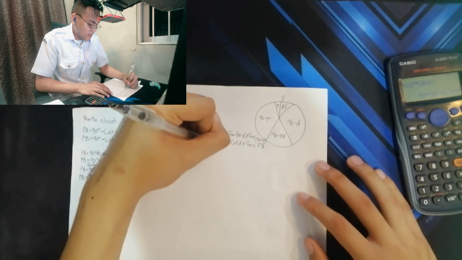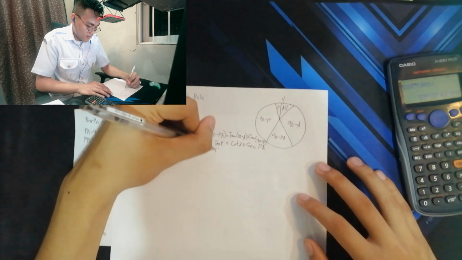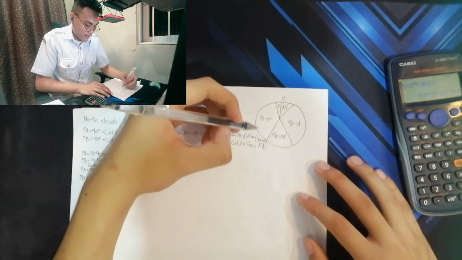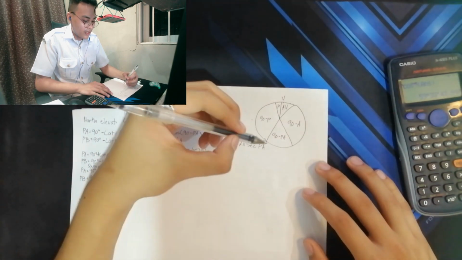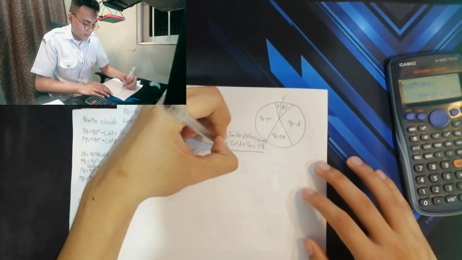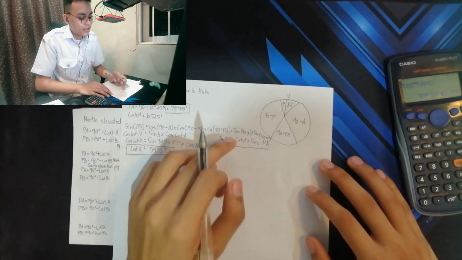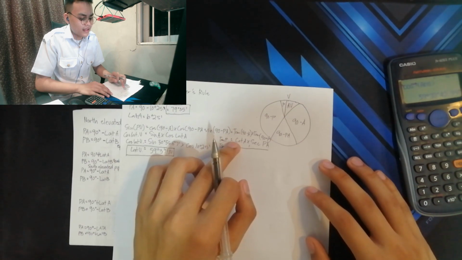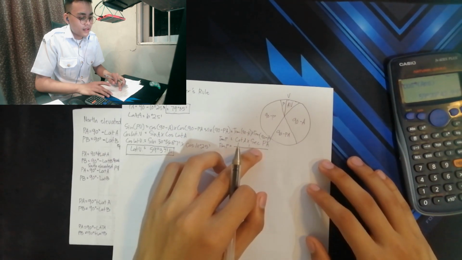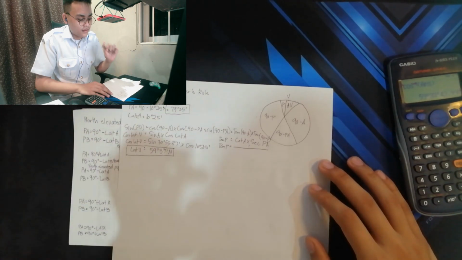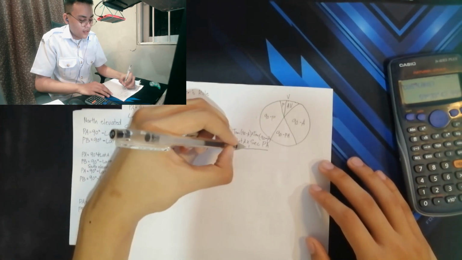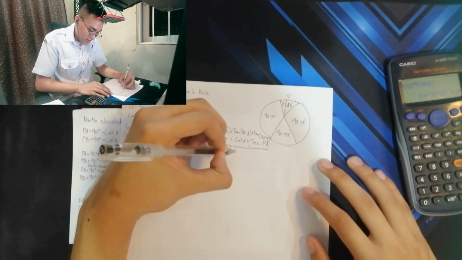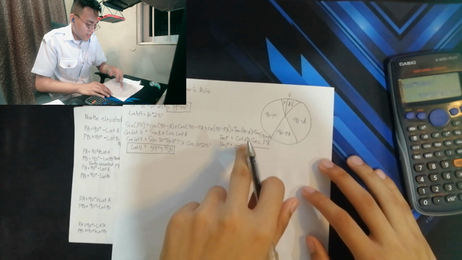So tangent P. In the calculator you will need to reverse cotangent and secant. The reverse of cotangent is tangent, then the reverse of secant is cosine. So it will be 1 over tangent A. What is A?